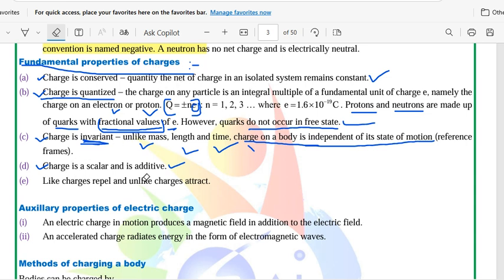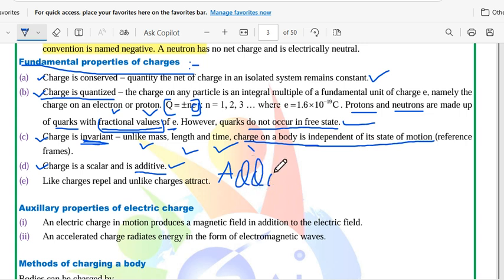So charge is a scalar quantity, and another word is additive. Additive means addition or a sum.